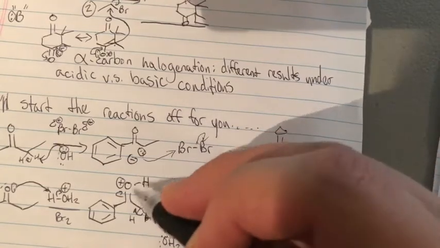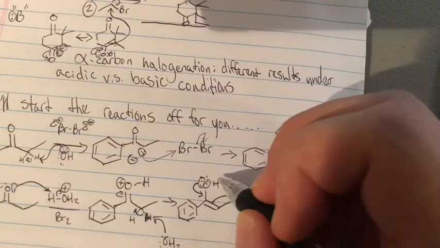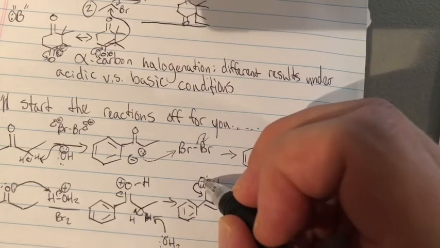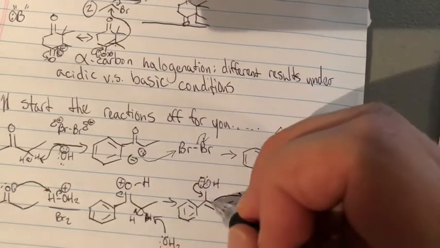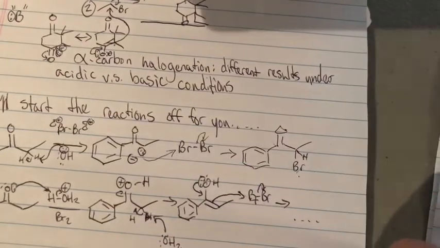Now, water is going to behave as a base to remove that proton there. And then you have this electron push up this way. Okay, now, once these lone pair of electrons come back down to reestablish that pi bond, it's going to kick this pi bond out to attack that Br2, right?